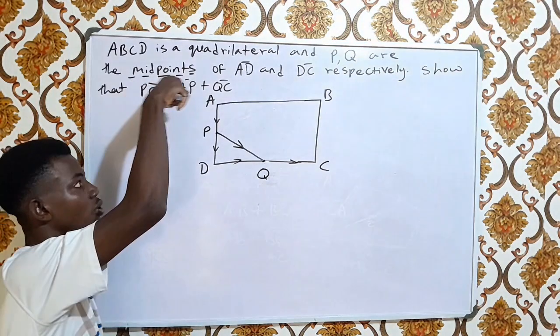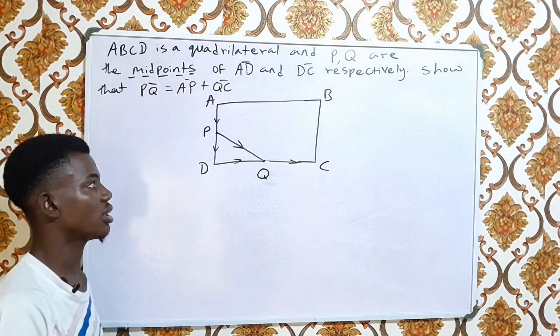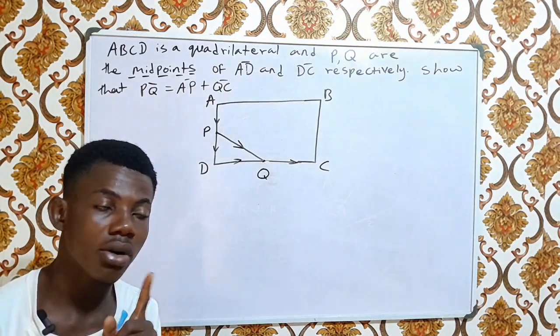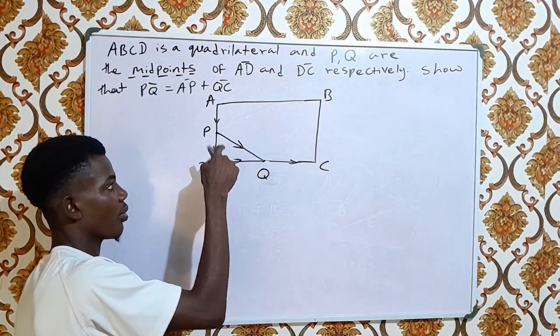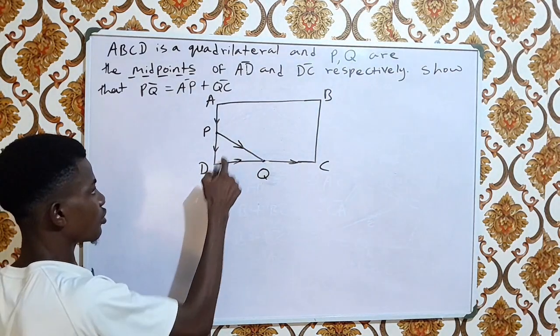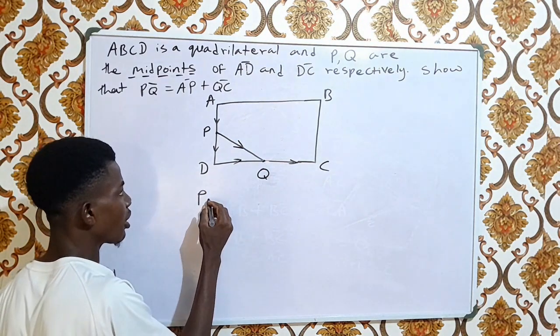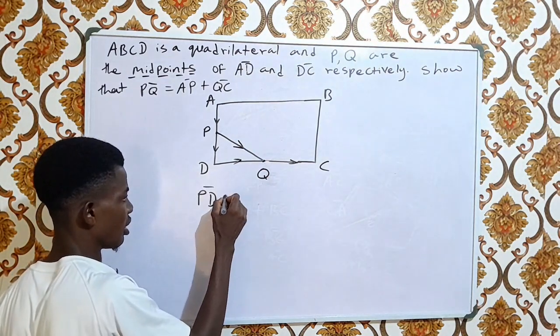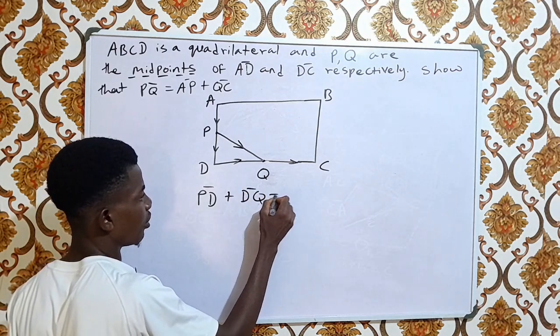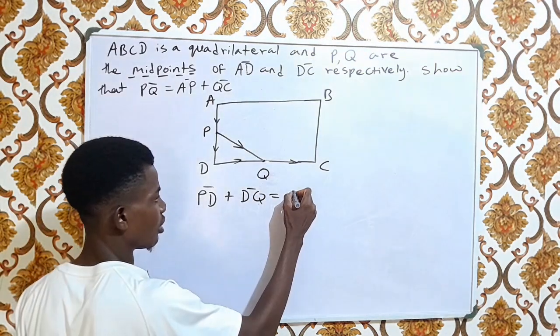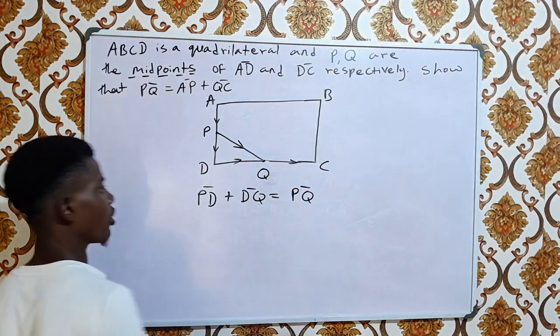Now, how can we show this? From the triangular law of vector addition, because we can see a triangle here. From this place, we know that PD plus DQ is equal to PQ.